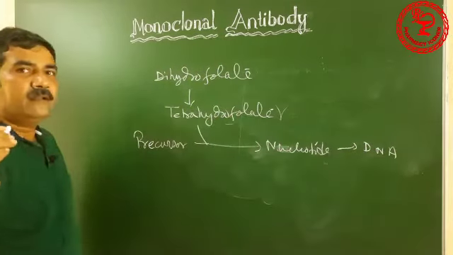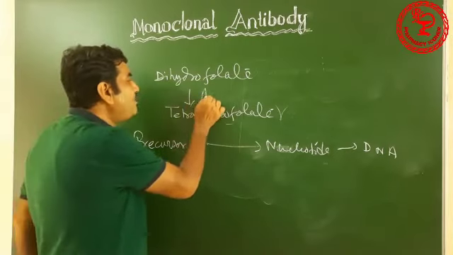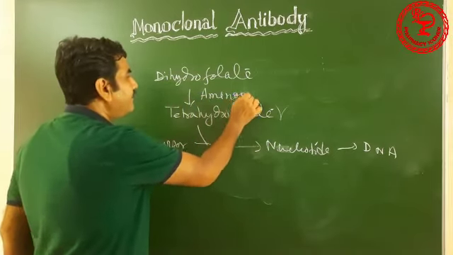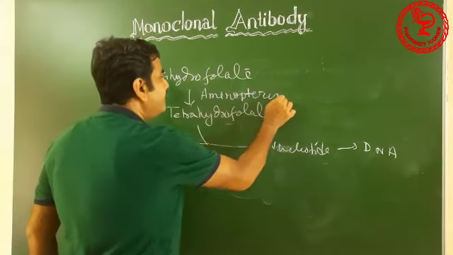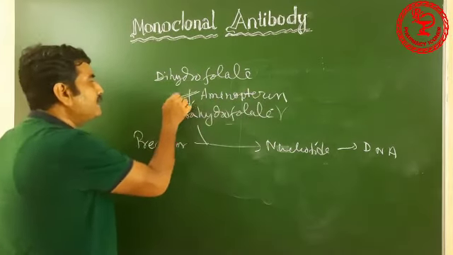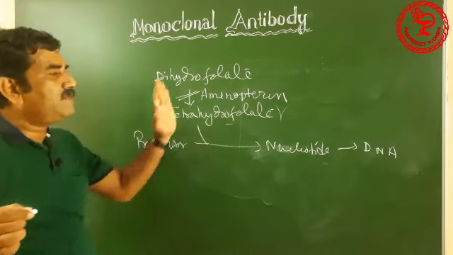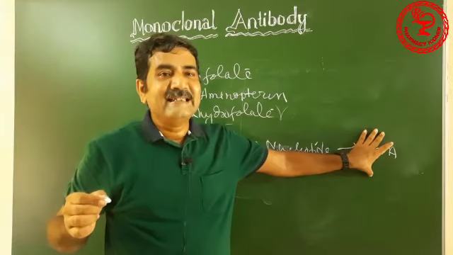However, a drug called aminopterin can block this pathway, that is, the conversion of dihydrofolate to tetrahydrofolate, thereby preventing DNA synthesis.